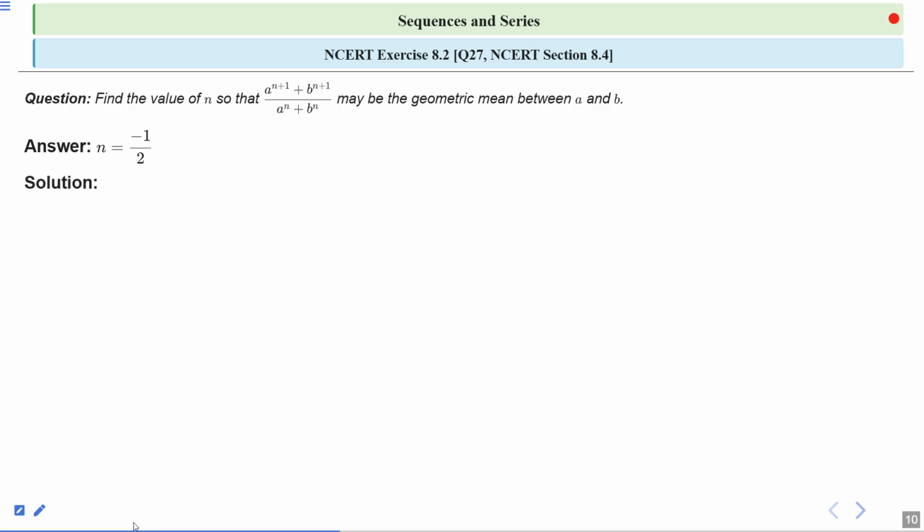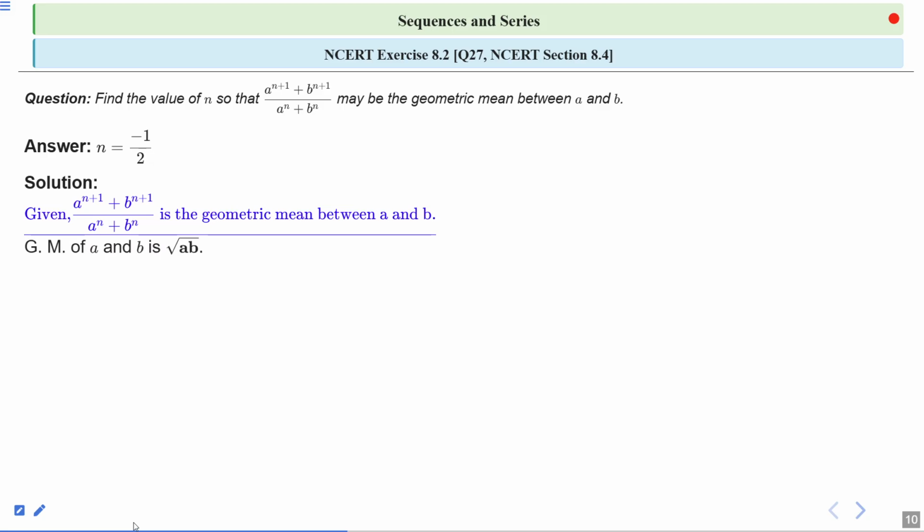So now let us see the solution. Given here: a to the power n plus 1 plus b to the power n plus 1 divided by a to the power n plus b to the power n is the geometric mean between a and b. So we have this given and we have to find the value of n.